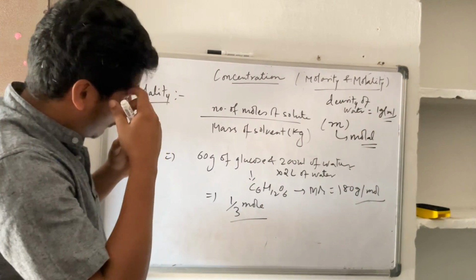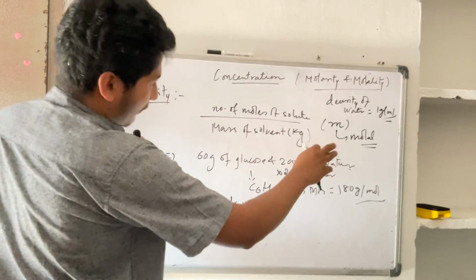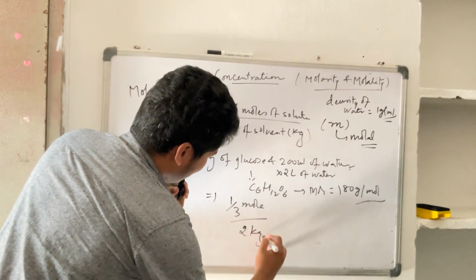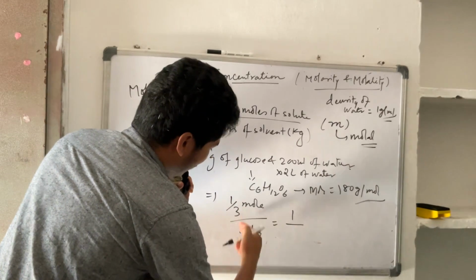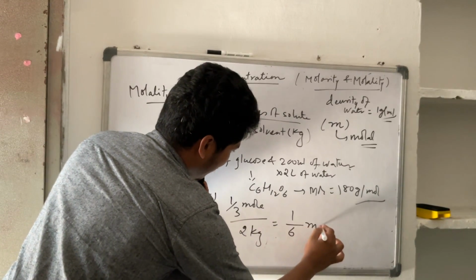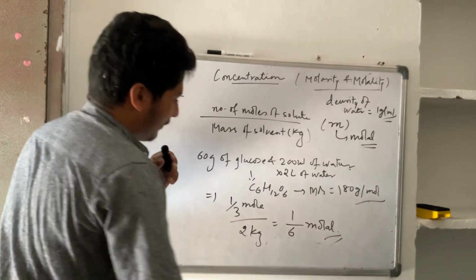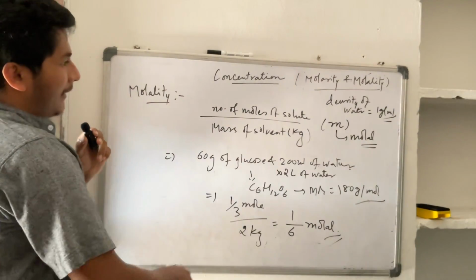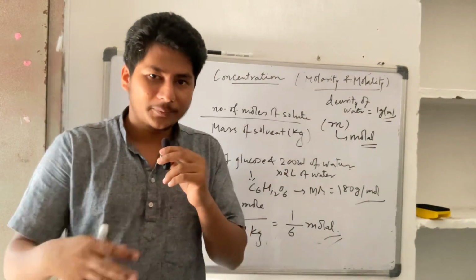So we can express it in kg terms. So you can say its value is 1 by 6 molal. So this is how you would express molality, and we have seen how to express molarity.